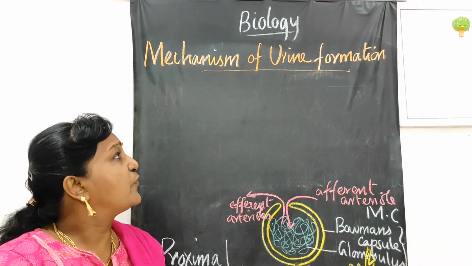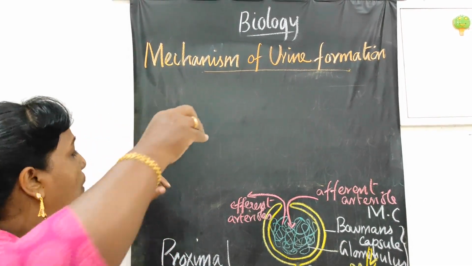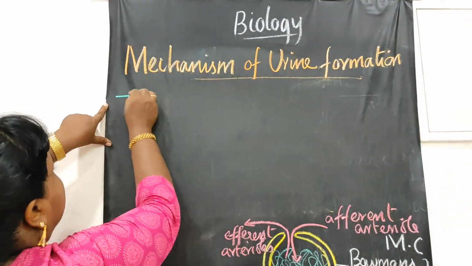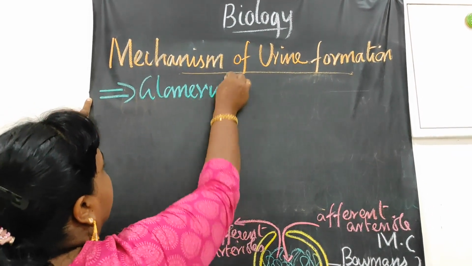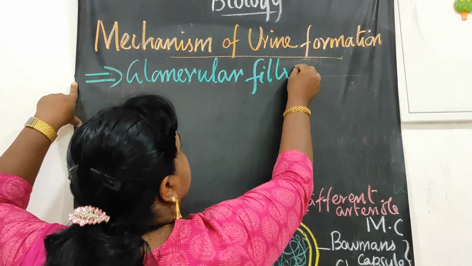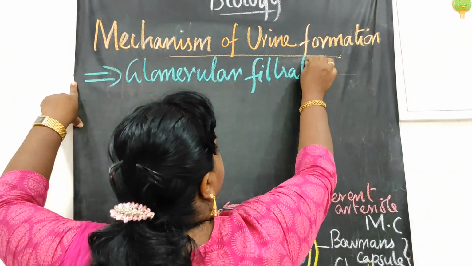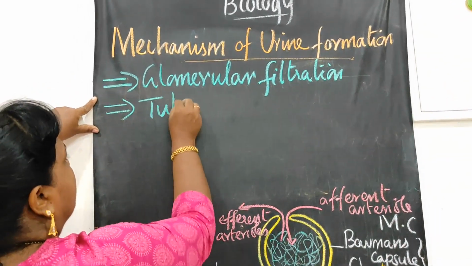So the process of urine formation takes place in three stages. The one is glomerular filtration.